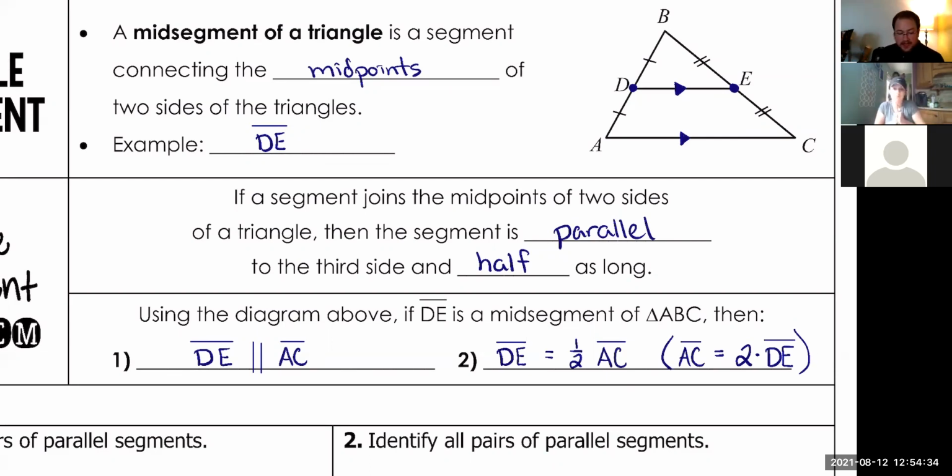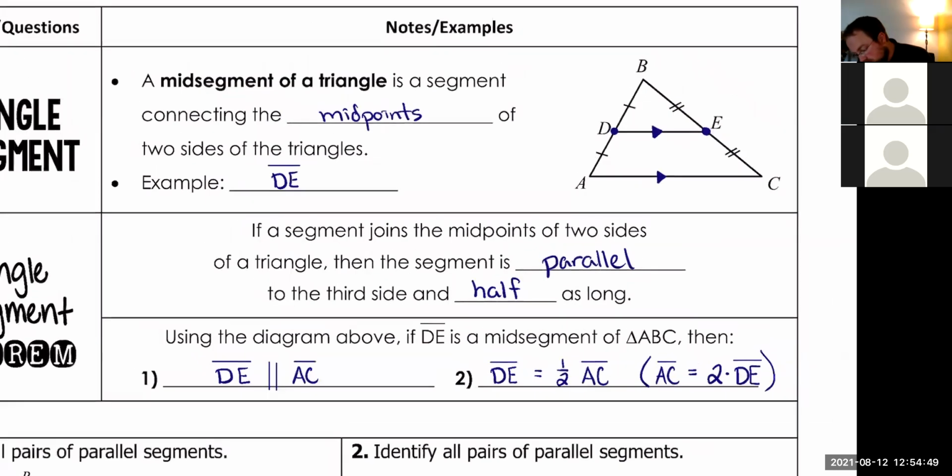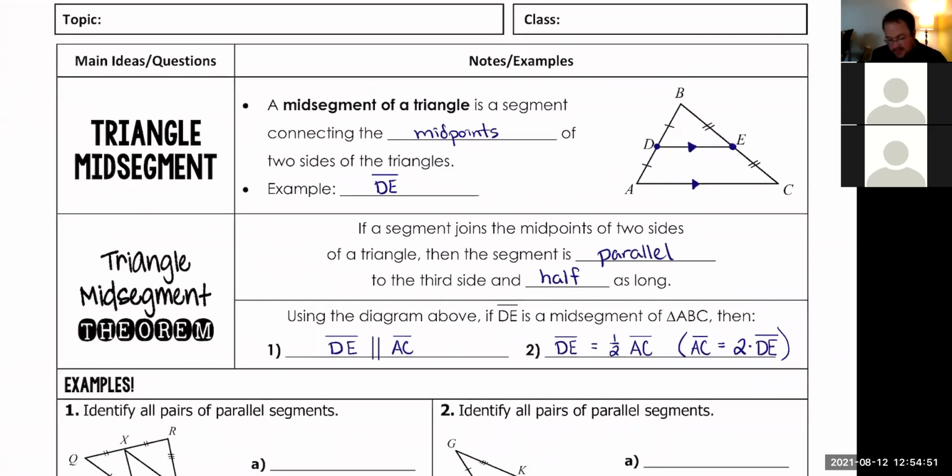Now, again, with those relationships, you can start to find lots of calculations rather quickly. So midsegments, that is what part of our notes are going to focus on here today.